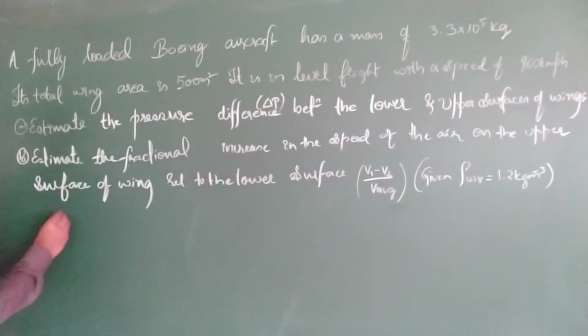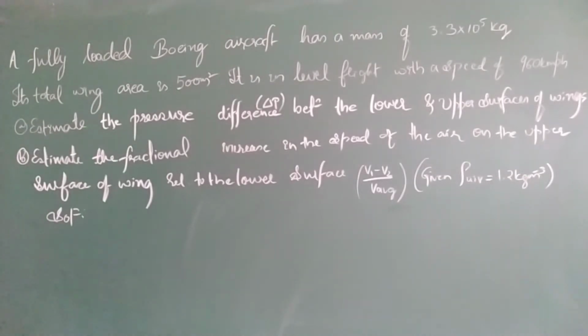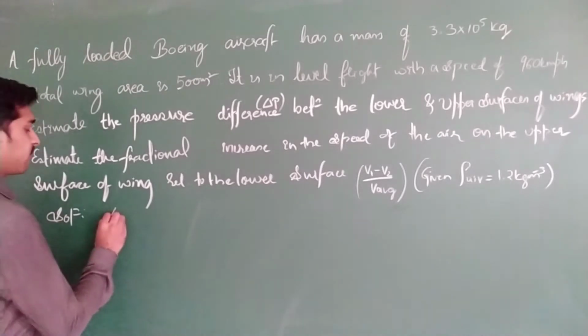So how can we proceed for this problem, can you tell me? First one, they are asking delta P, that is the pressure difference. So what I can write, delta P is equal to F by A directly.